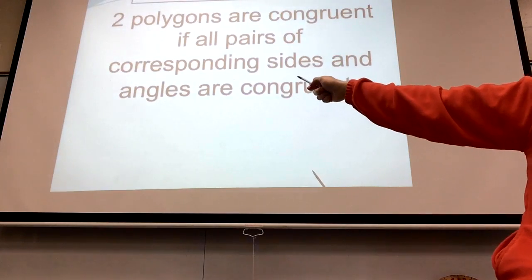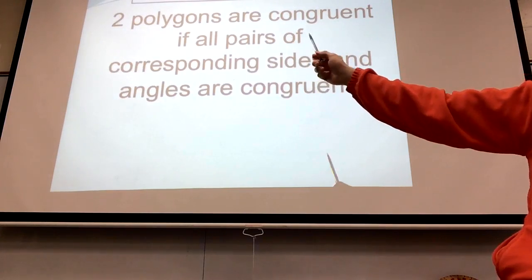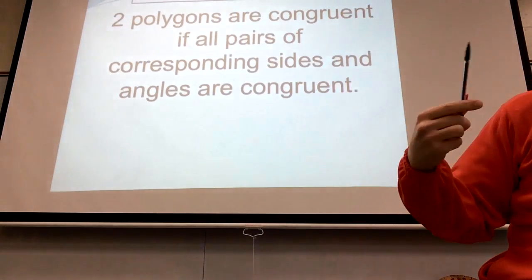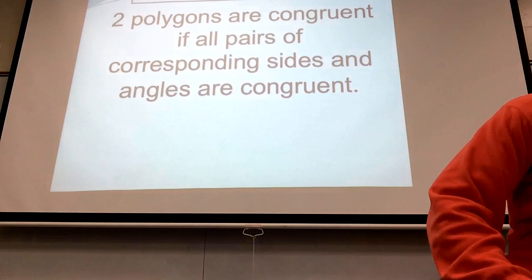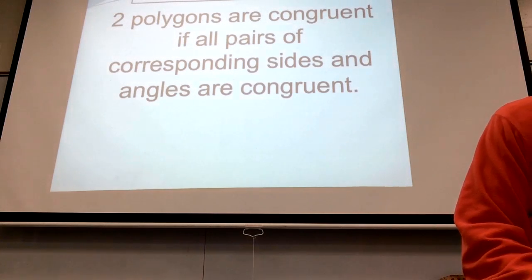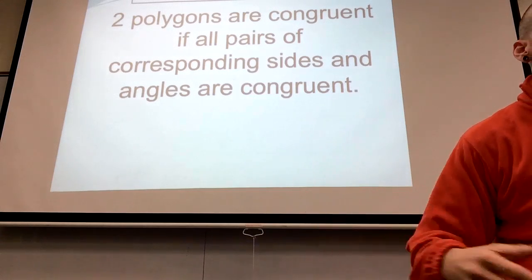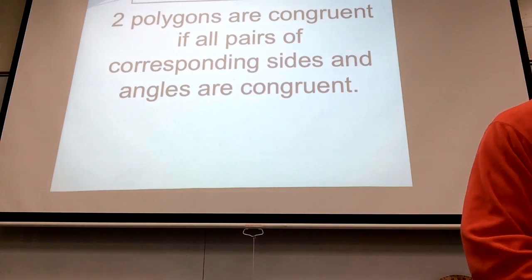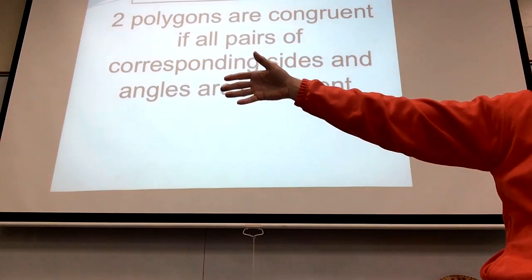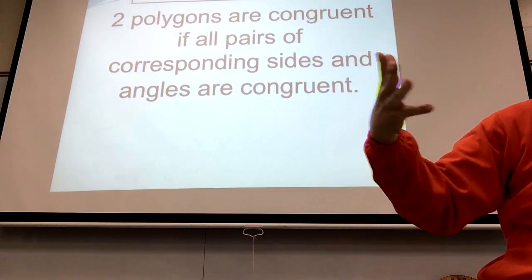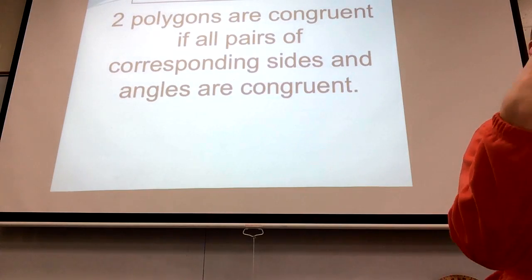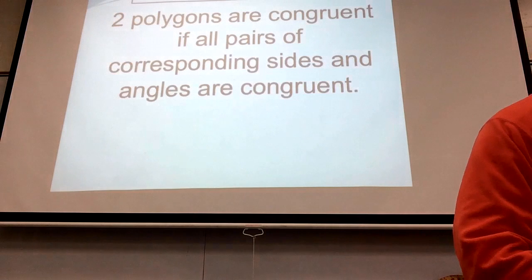So if it's up there right now, this is the definition of congruent polygons, and it's also the work you need to do to figure out if 2 shapes are congruent. Meaning if you've got a problem where there's 2 shapes there, and the directions say, are these shapes congruent? This is everything you do. All right, so we'll go through and say how to do corresponding parts, but it's pretty much you write a list of all of the corresponding parts.